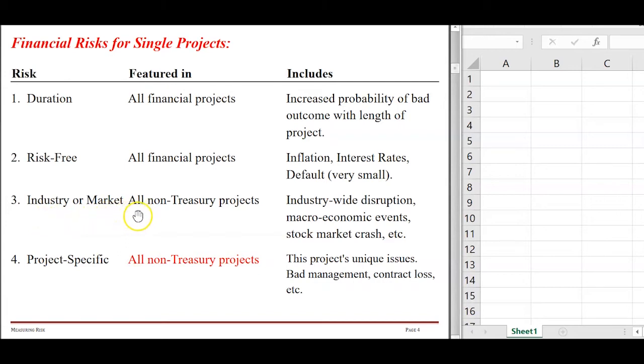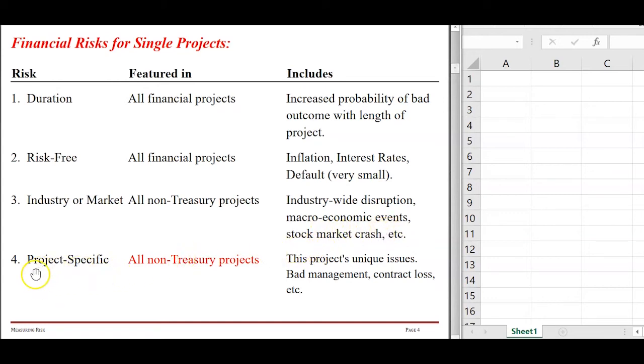And this is going to include all non-treasury projects. So any financial project that's not a US Treasury project. And that's going to be looking at things like an industry-wide disruption or a market-wide disruption, which is probably very similar to a macroeconomic crash or something like that.